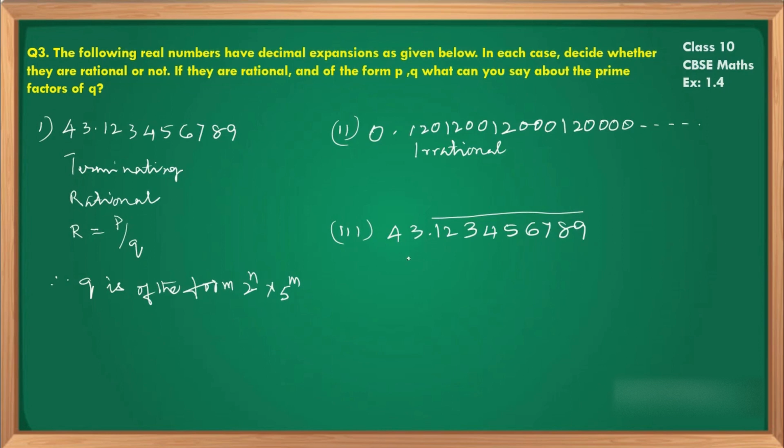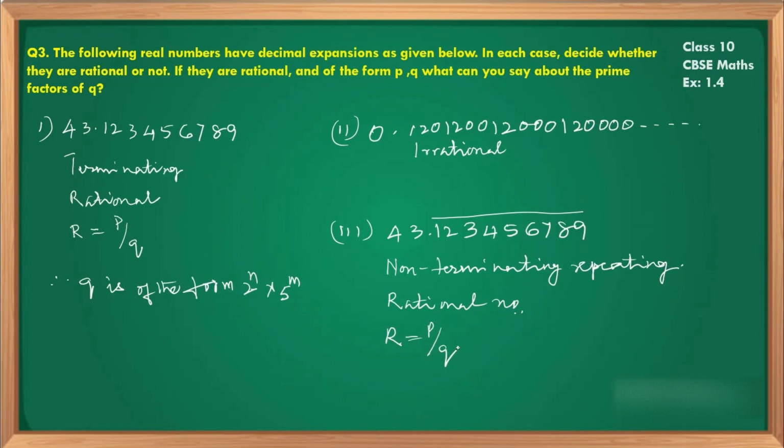Therefore, it is non-terminating repeating. Even this is a rational number and it follows R equals P by Q. But Q does not take the form of 2 to the power n and 5 to the power m. So this is the answer. We have solved all the 3 questions. With this, exercise 1.4 is over.